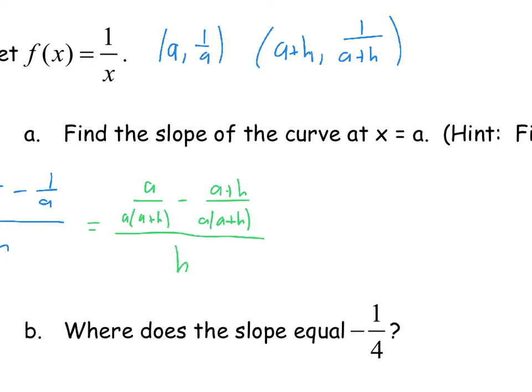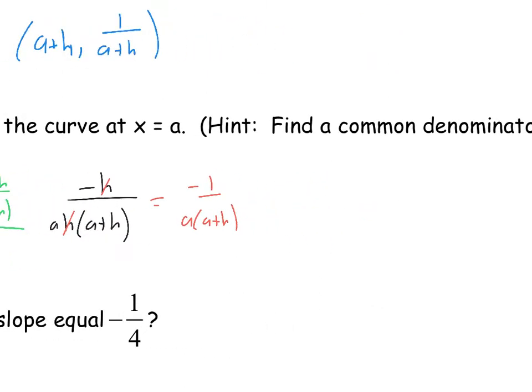So the a's cancel and you're just left with negative h over our common denominator, but then it's double division. So it's negative h over a times a plus h, times h. And then these h's cancel, leaving us with negative 1 over a times a plus h.